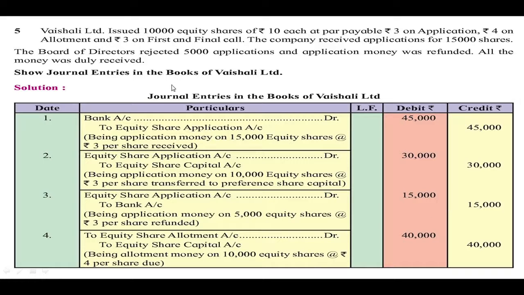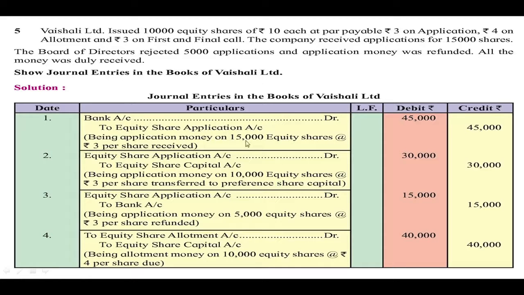Then the next is, here the face value of the shares is 10 and the company is going to receive rupees 3 on application, then rupees 4 on allotment and rupees 3 on first and final call.